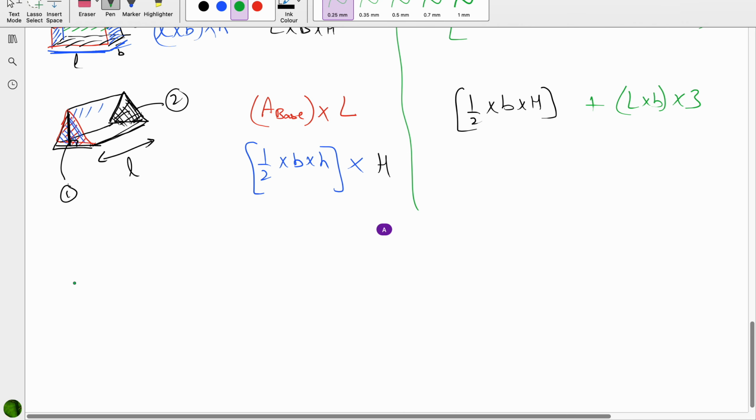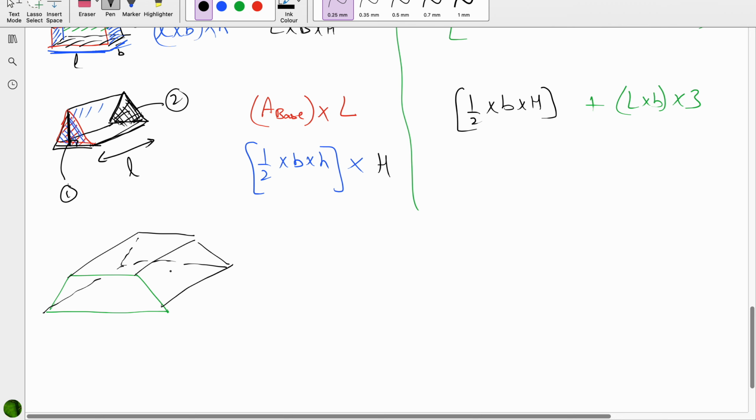So the story continues. We have a trapezium and we try to change it into a 3D shape. So volume is again cross-sectional area, and this is a trapezium. So cross-sectional area is 1 by 2 sum of parallel sides times height. This is the cross-sectional area multiplied with this length.